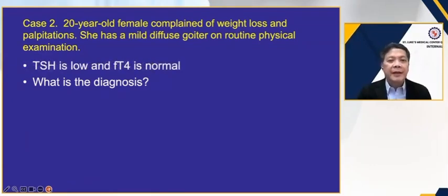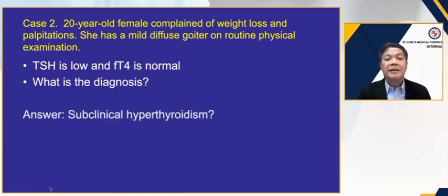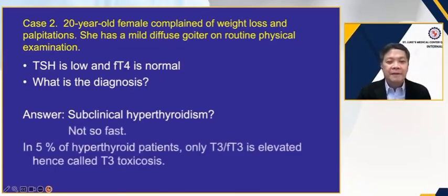So TSH low, FT4 is normal. What is your diagnosis? Subclinical hyperthyroidism. Okay, with a question mark. And it says not so fast. You need to rule out T3 toxicosis. Remember, T3 is the more active hormone, and by itself, in 5% of patients with Graves' disease, it is capable of suppressing your TSH.